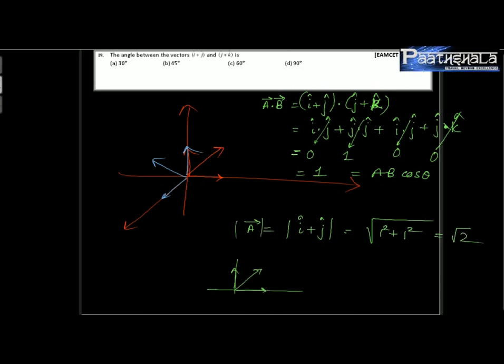Similarly, magnitude of vector B is also equal to root 2. So from this equation we get 1 is equal to root 2 cos theta. Therefore theta is equal to cos inverse of half, which is nothing but 60 degrees. So this is our answer. C is the correct answer.